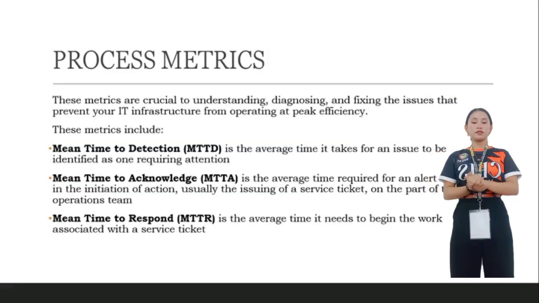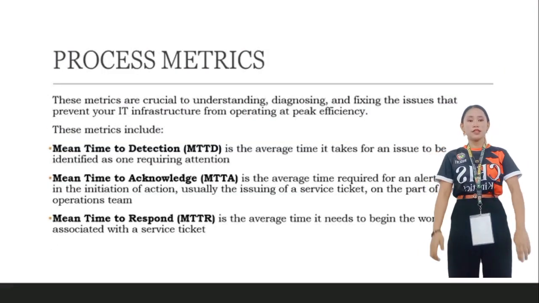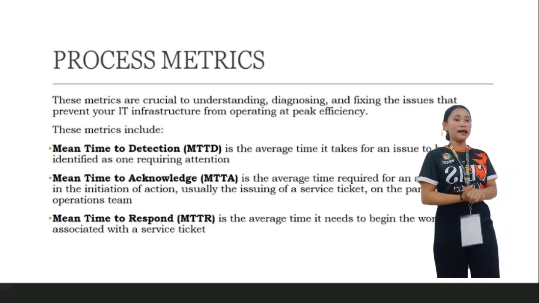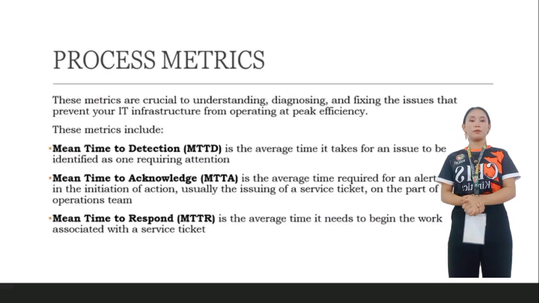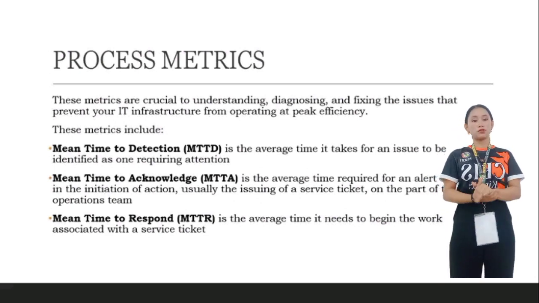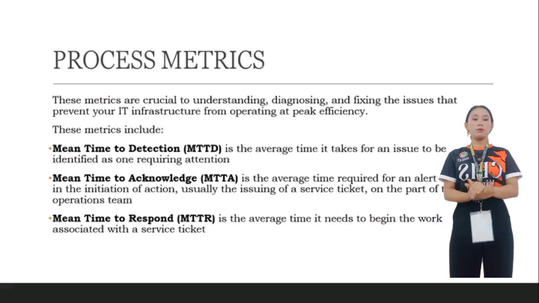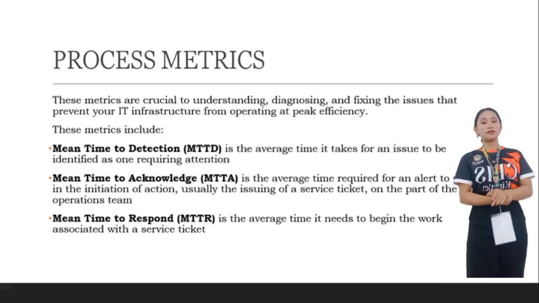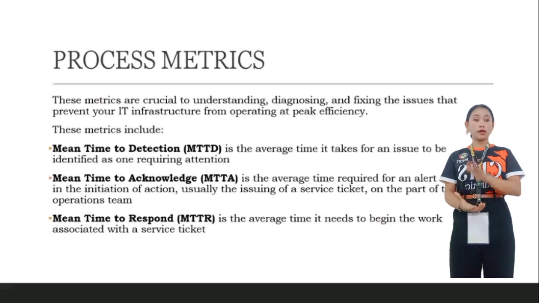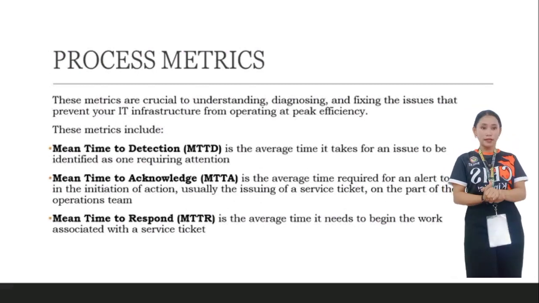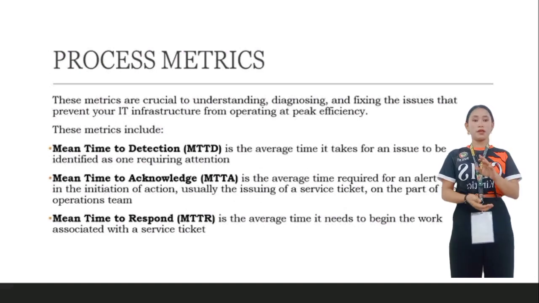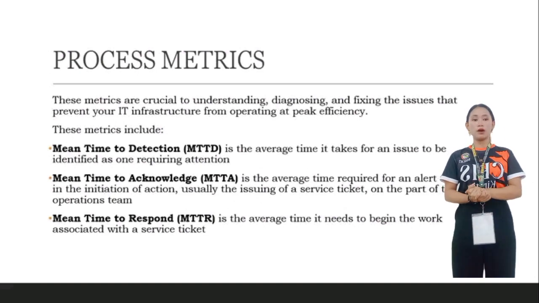Process metrics of incident management. These metrics are crucial to understanding, diagnosing, and fixing the issues that prevent your IT infrastructure from operating at peak efficiency. So these metrics include mean time to detection, or MTTD, the average time it takes for an issue to be identified as one requiring attention.